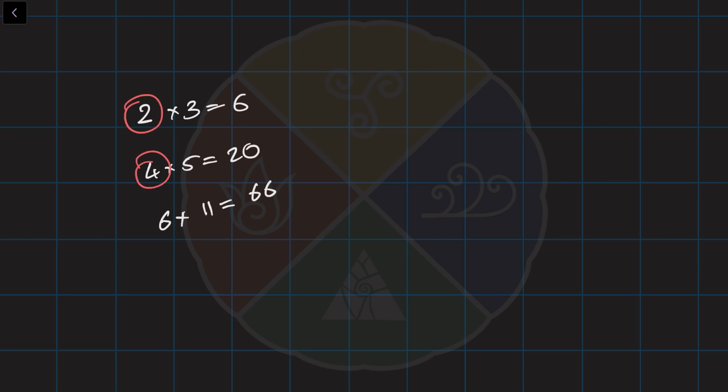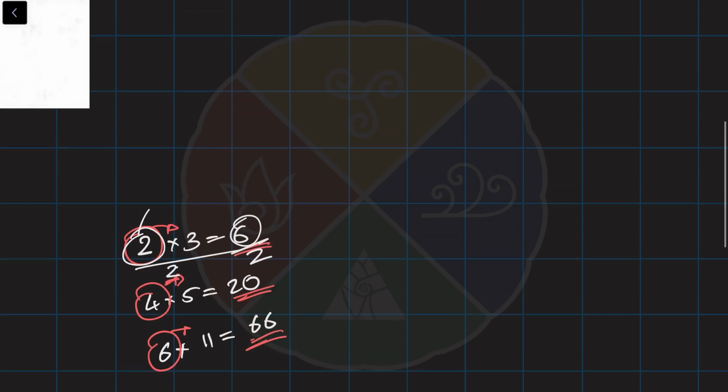If you multiply an even number with any other integer, the resultant will always be an even number. This is because all these numbers will be divisible by 2. The left side will be divisible by 2, the right side also, because there is a factor of 2 over here, and the resultant will have a factor of 2.